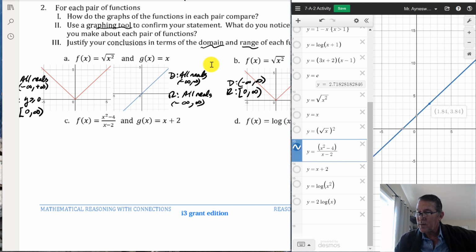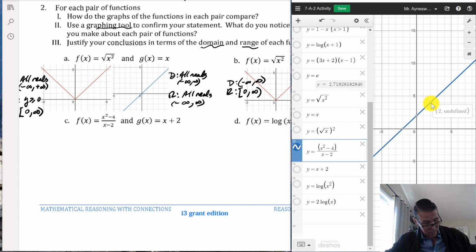Oh, look what happened. Just look at the calculator, look at Desmos. When I substitute in 2, it says undefined. See? Undefined. And so it actually has a hole there, right there at 2 comma 4, there's a hole in the graph. Let's see if I can make that happen.